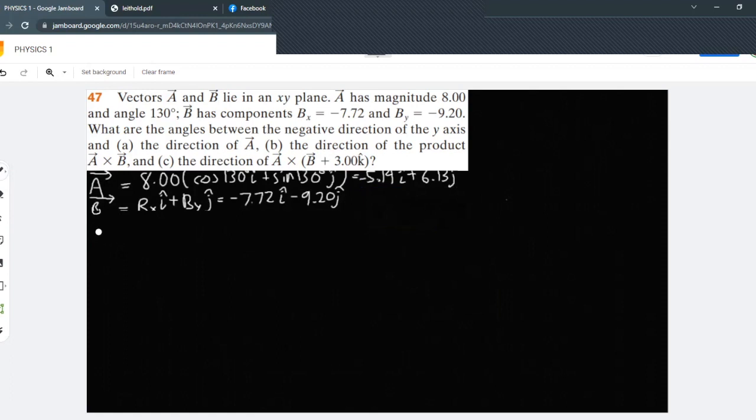Oo nga po. So negative j, diba? So to get theta, which is the cross product of negative j hat, hindi. Wait. Dot product. Dot product po pala. So negative j hat dotted with A is equal to magnitude of A cosine of the angle. Okay?